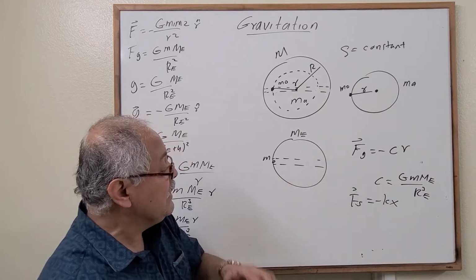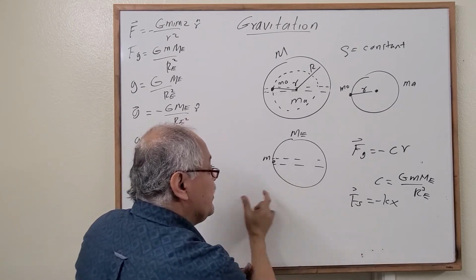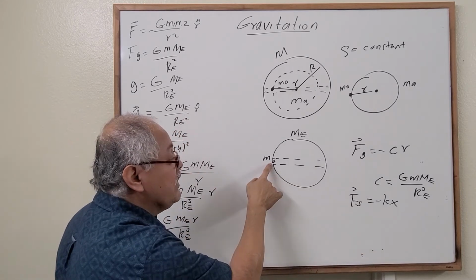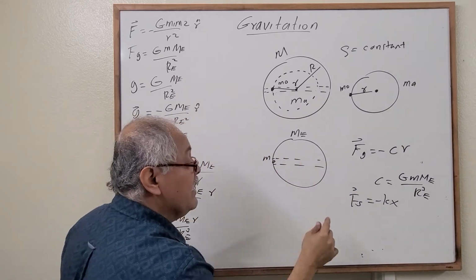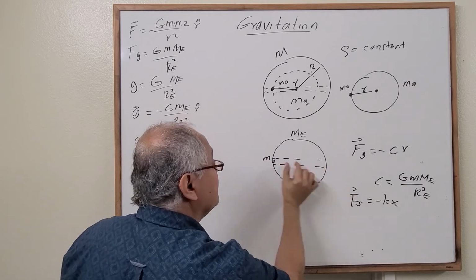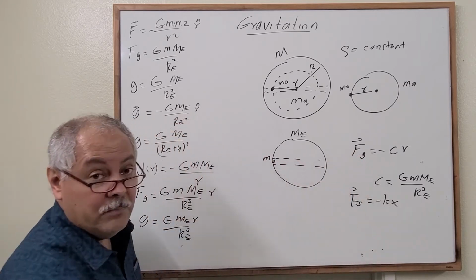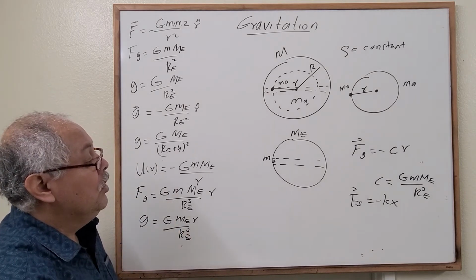What happens when we have a spring? The spring is going to be oscillating, right? What happens if we place a mass right here in this drill hole through the Earth? Well, it's going to behave as the spring, right? So this mass is going to be oscillating back and forth, because they have the same form. Correct? The same form.